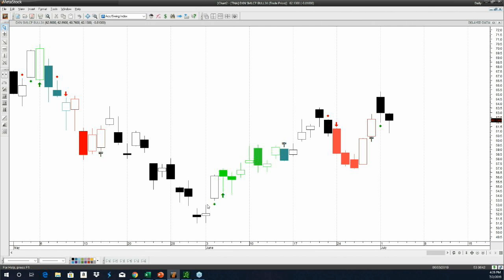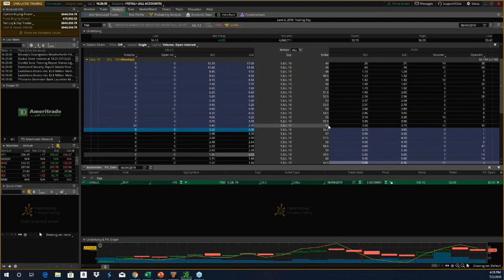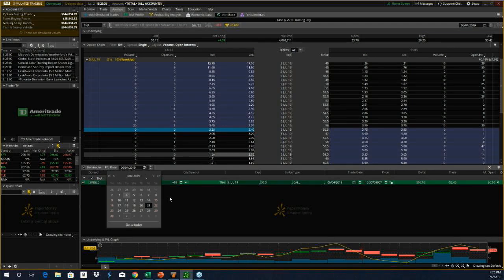All right, so I'm just going to fast forward to June 20th, the day before we got this sell signal, to show you what our profits would have looked like on this particular trade. So if we just fast forward here to June 20th. All right.